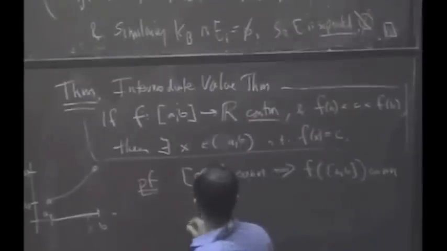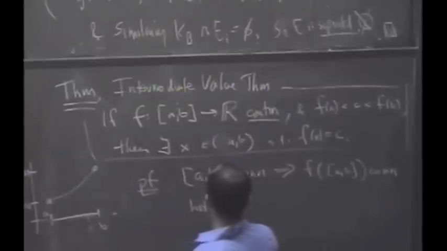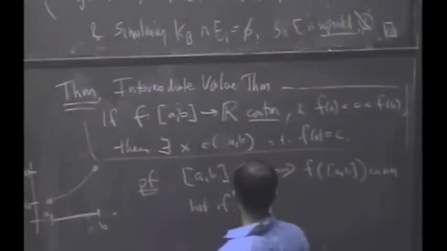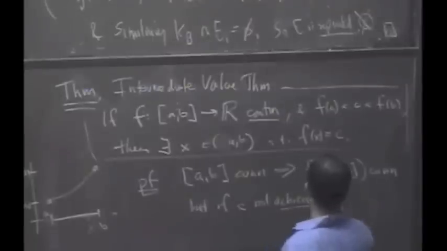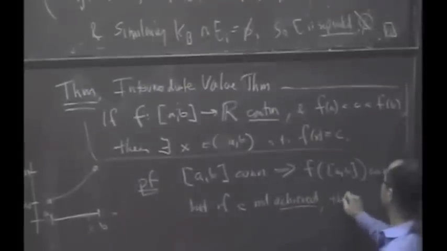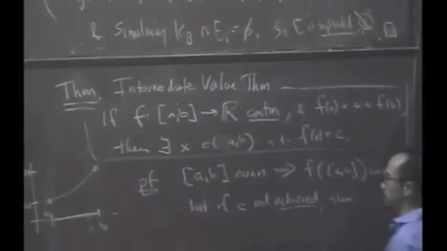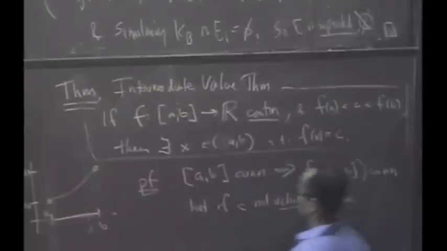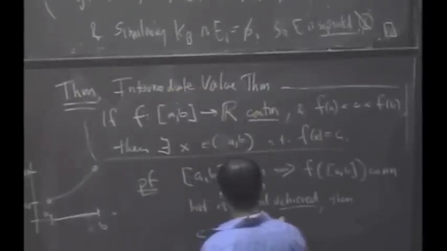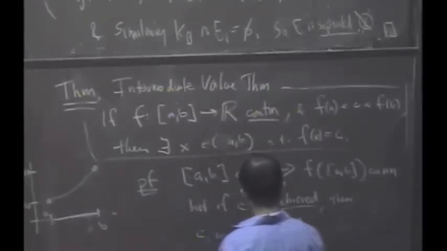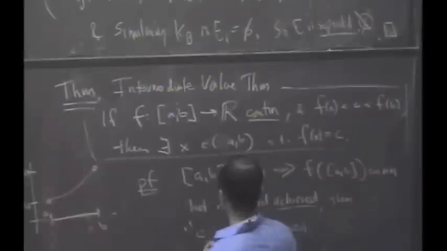But if C is not achieved, then C would disconnect f([a,b]). Okay, I'm saying this very informally.